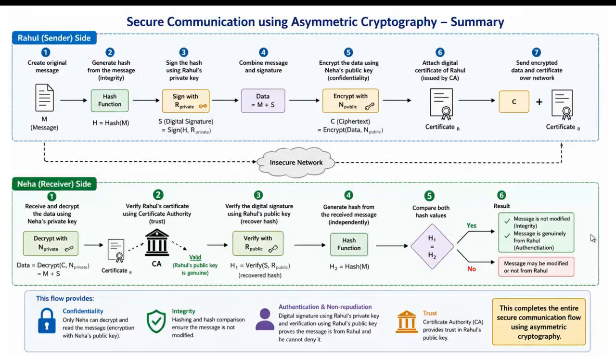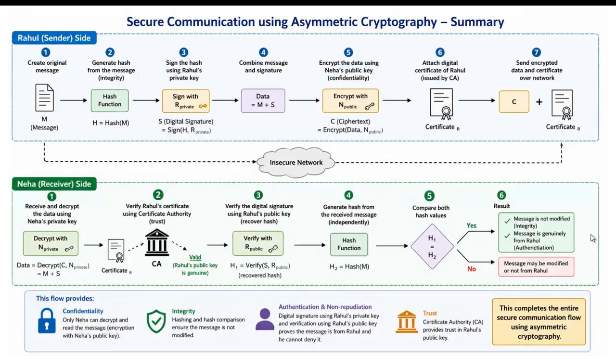Now Rahul combines the message and the digital signature, so data is equal to M plus S. Then Rahul encrypts the complete data using Neha's public key to achieve confidentiality. Then Rahul also attaches a digital certificate issued by the certificate authority so that Neha can trust Rahul's public key. Now the encrypted data with the certificate travels through the insecure network, meaning through the internet.